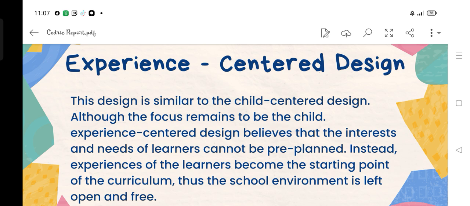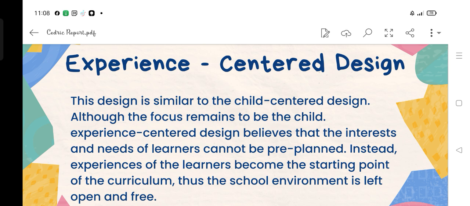In a school where experience-centered curriculum is provided, different learning centers are found. Time is flexible and children are free to make options. Activities revolve around different emphases such as touching, feeling, imagining, and ano yung isa?